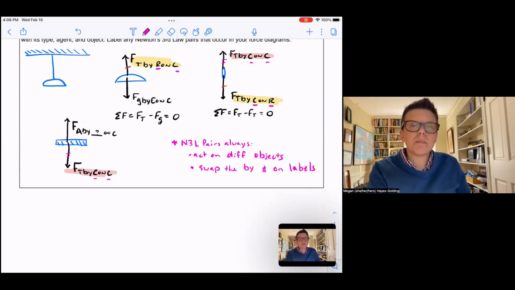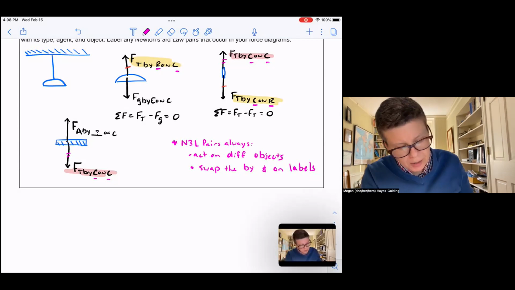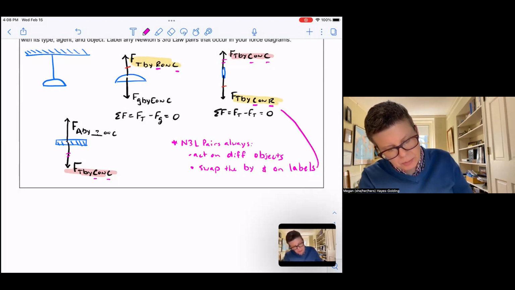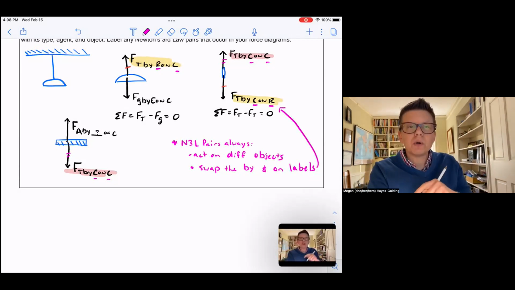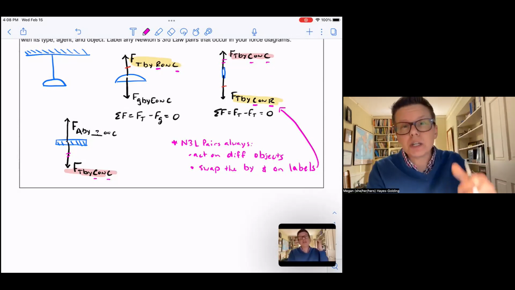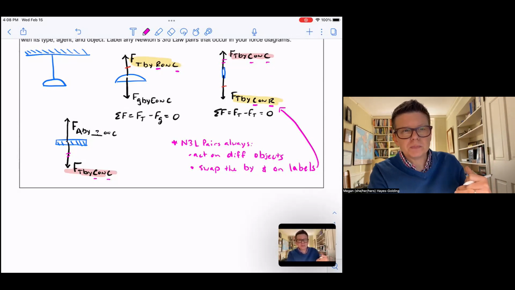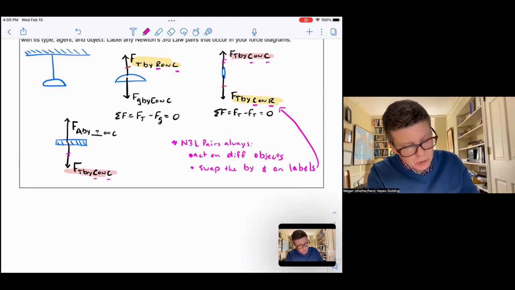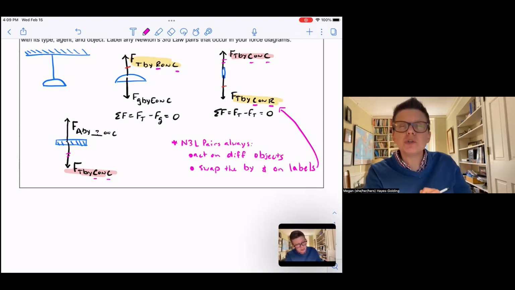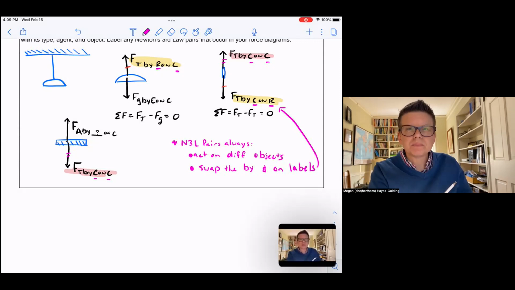What I mean by swap the by and on labels is I'm referring to the way that these labels here, by ceiling on rope, by rope on ceiling, for example. And they always act on two different objects. Always, always, always. This is a useful way to think about Newton's third law.